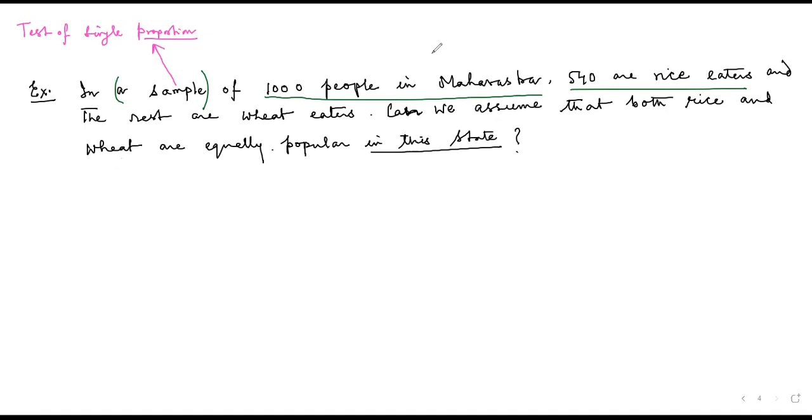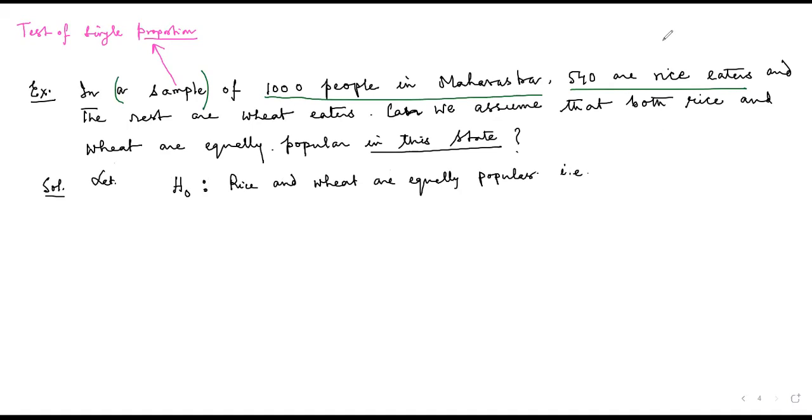First of all, as usual, we have to set up our null hypothesis. We will write over here: let H0, rice and wheat are equally popular in the state of Maharashtra.